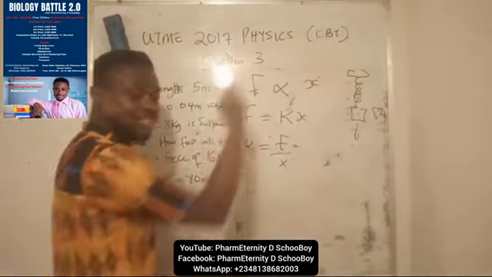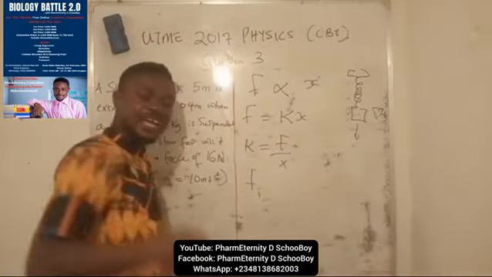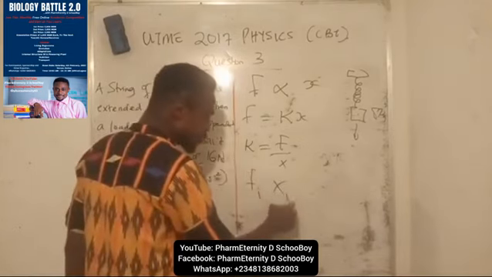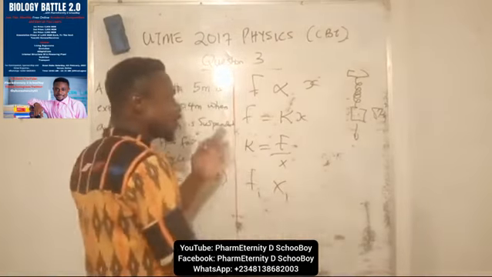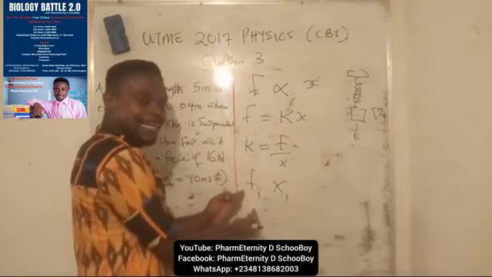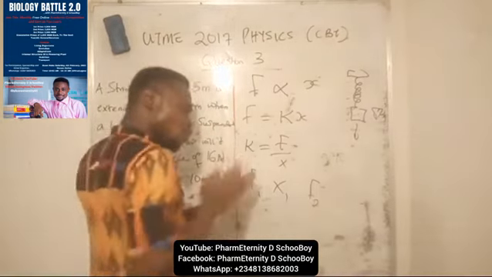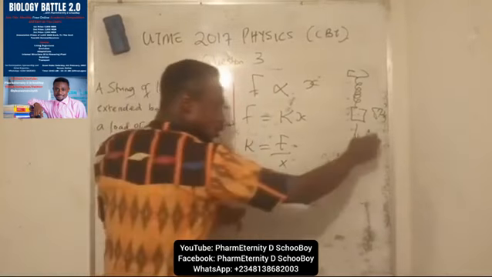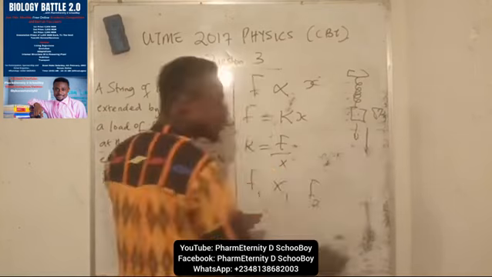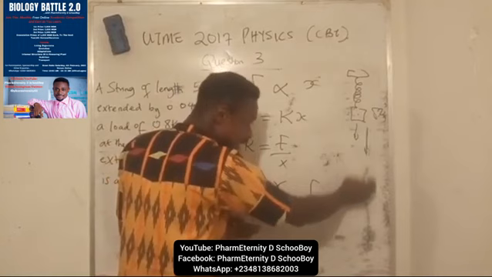So if an initial force is applied, we call it F1, and it causes an extension, we call it X1. And if you apply another force that is higher or lower than this, we call it F2. It will also move down, having a displacement, because there is a direction.